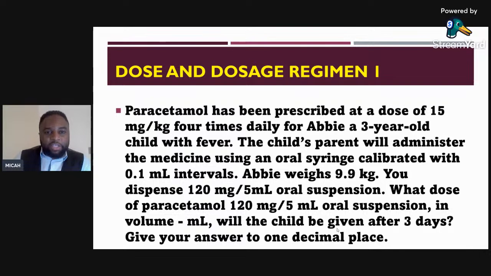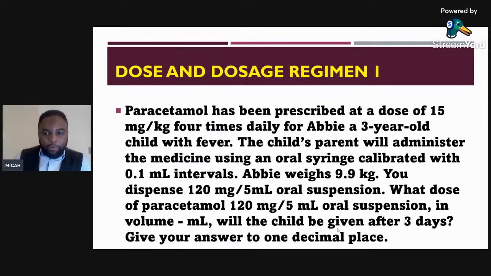If it says give a dose 4 times a day, say 10 milligrams of domperidone, I'm just making this up, 10 milligrams 4 times a day means 10 milligrams in the morning, 10 in the afternoon, 10 in the evening, 10 at night. But if I'm taking 10 milligrams of domperidone in 4 equally divided doses, it means 2.5, 2.5, 2.5, 2.5.